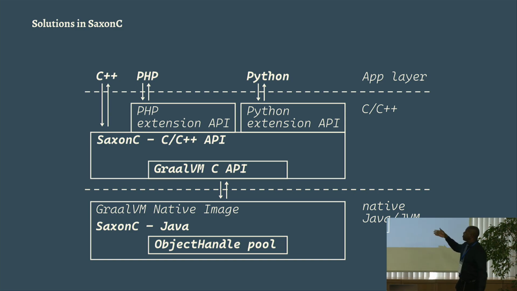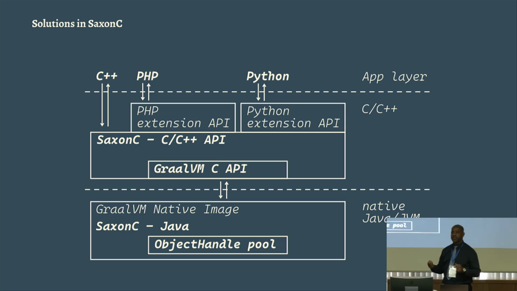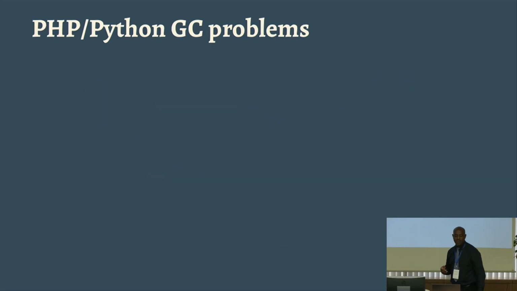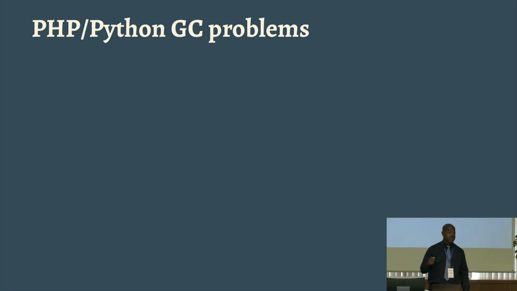And within the Java space, you've got the object handlers pool and the Saxon core code base as well. So any object in the object handlers pool won't be garbage collected. So that addresses one problem. But what about the garbage collection happening in PHP and Python? And this is where it gets complicated.